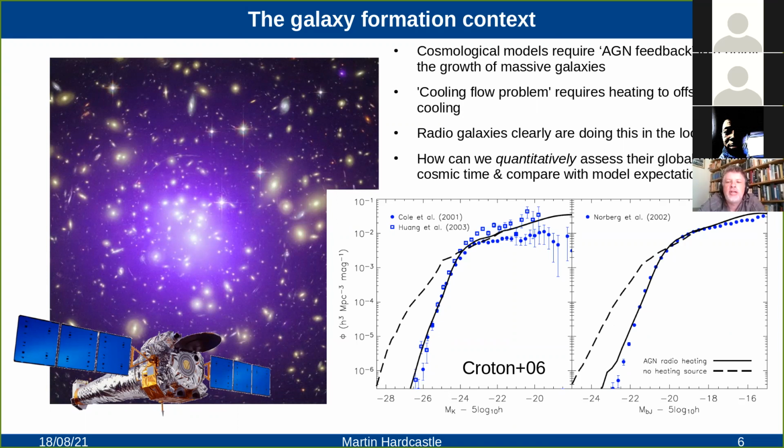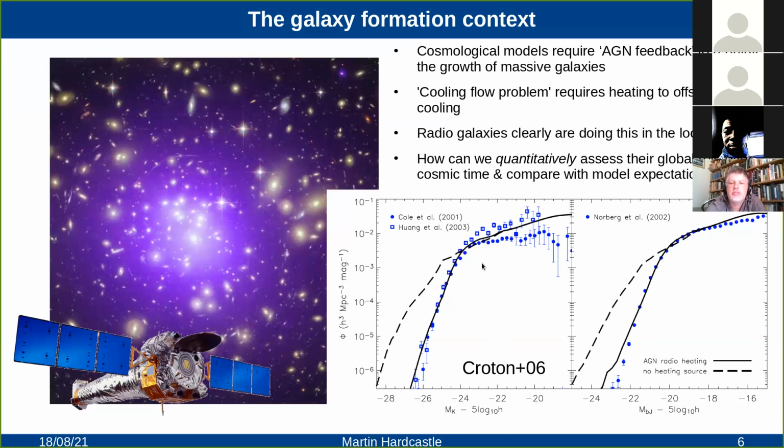You're probably all aware that cosmological models require some sort of AGN feedback to regulate the growth of massive galaxies. So to prevent the most massive galaxies growing to very large masses, this has been known for some time, shown in these plots.